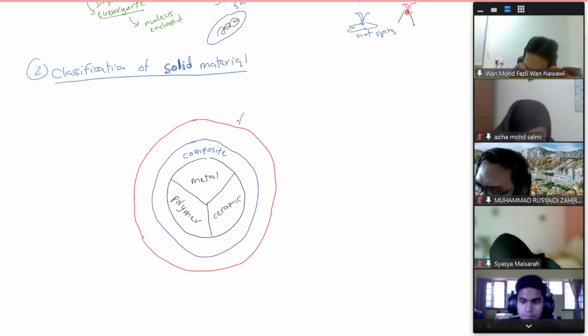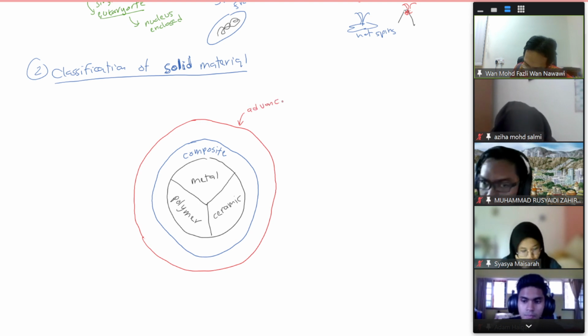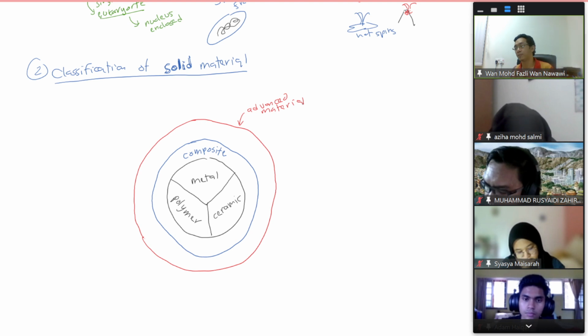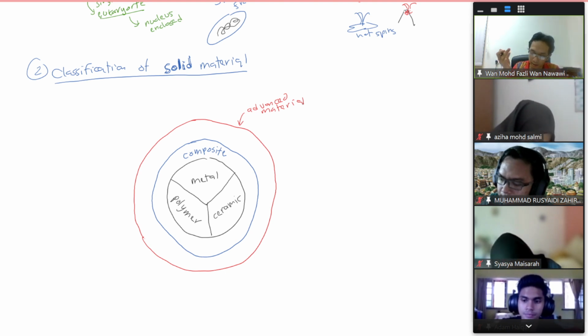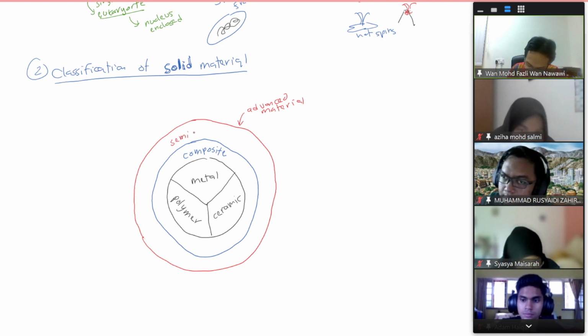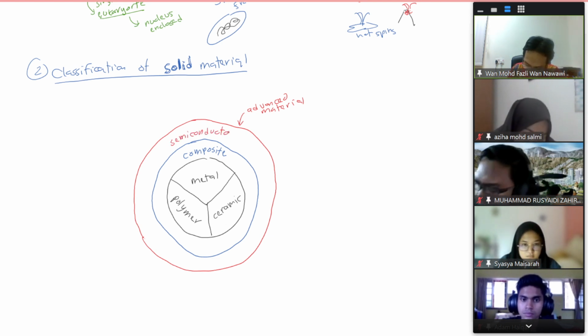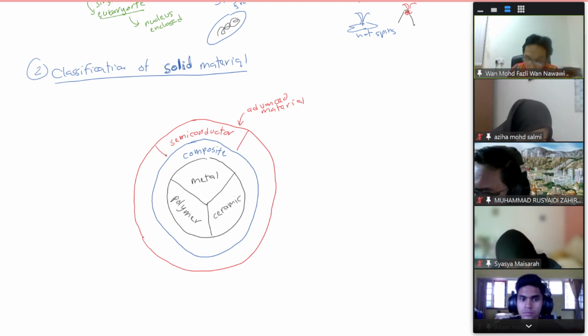Normally advanced material has four categories. For example, one category of advanced material is semiconductor. Later I will go one by one, not in detail but in brief.